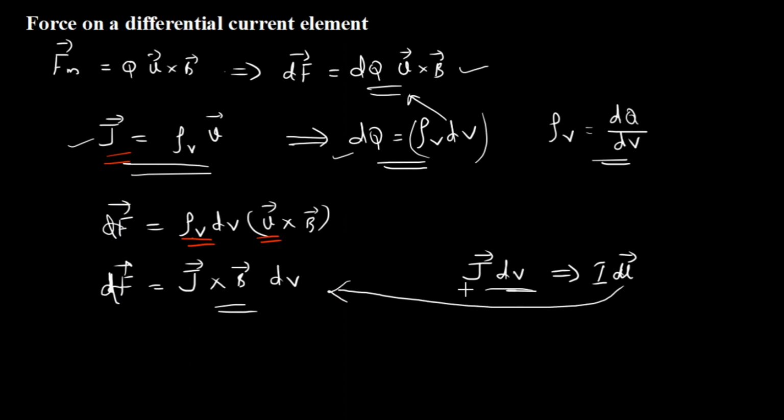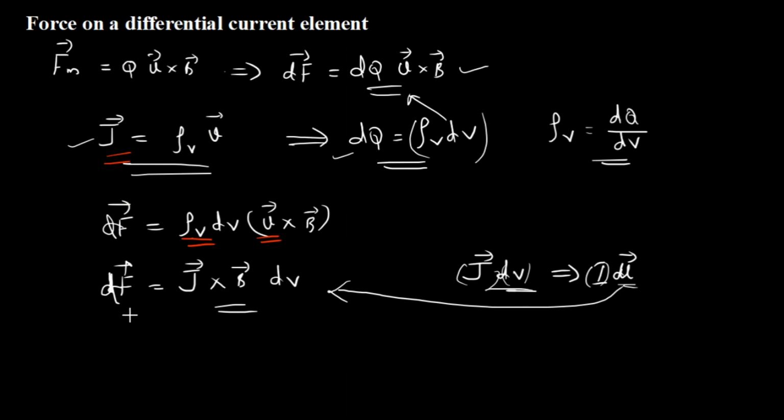Let me substitute the result. This is not from thin air. This expression, J dV, we have already seen, is nothing but the current density over some volume, which is the current over a length. This we have interpreted already. So J dV is I dL.